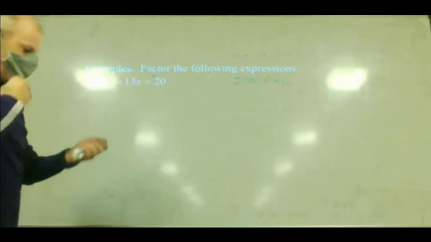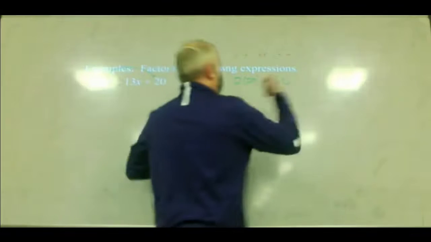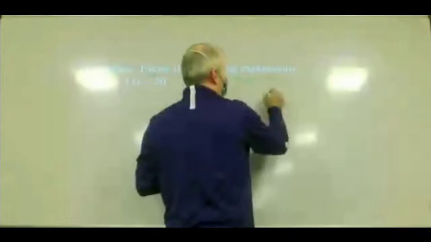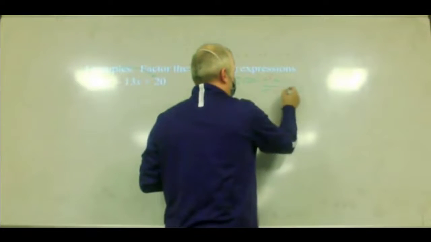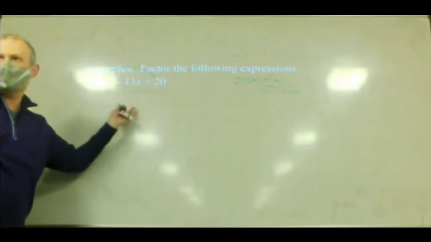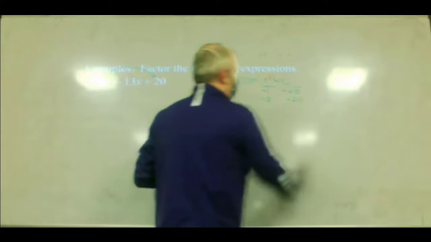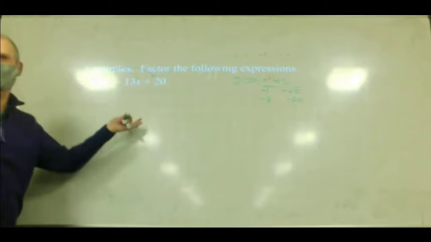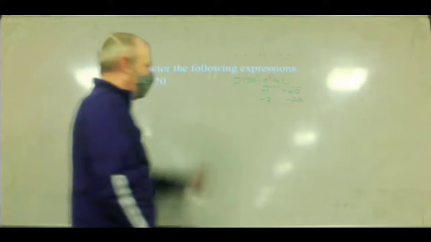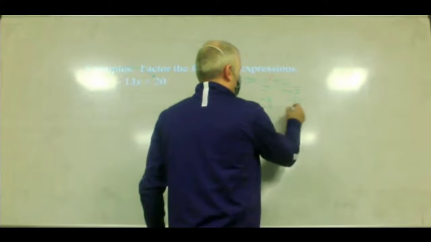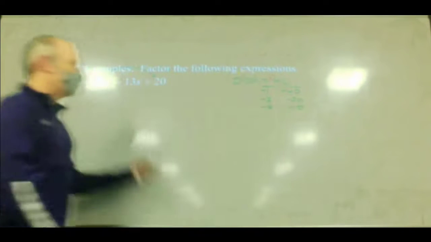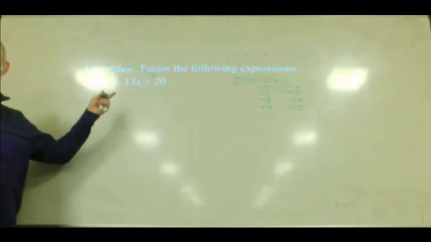Okay? So let's go to our factors. 1 and 40, but they're both negative. Does that add up to be negative 13? No. 2 and 20, both negative. Does that add up to be negative 13? No. 3 does not divide into 40. 4 does 10 times. Does that add up to be negative 13?